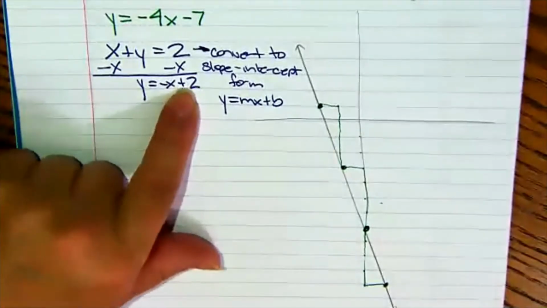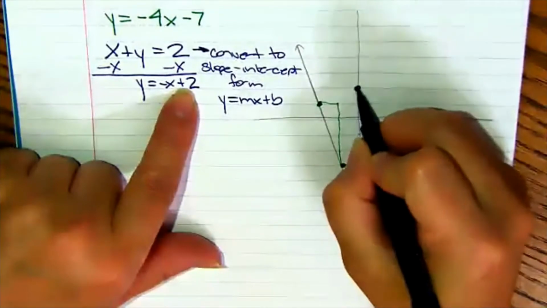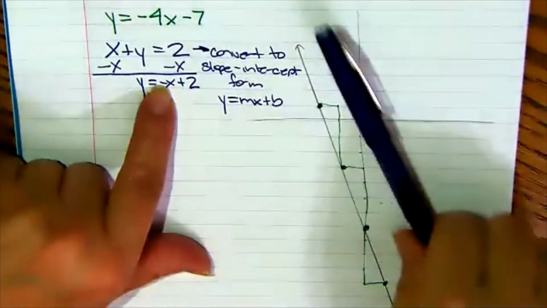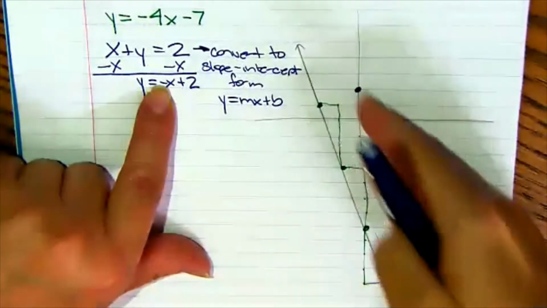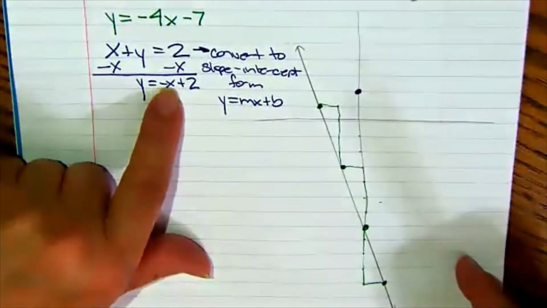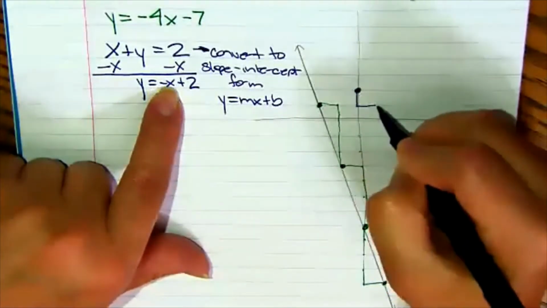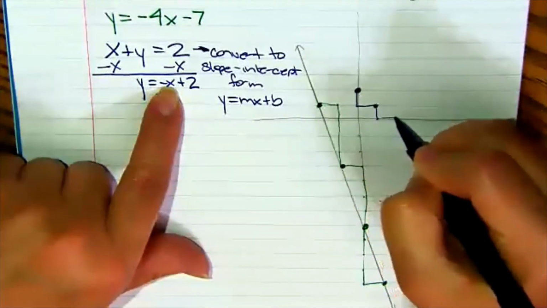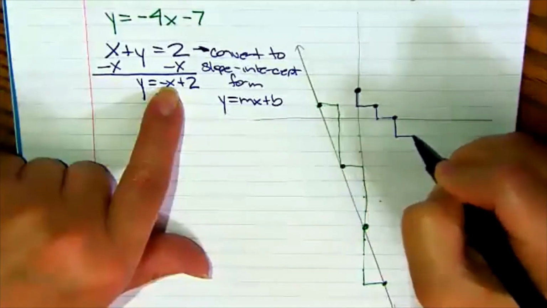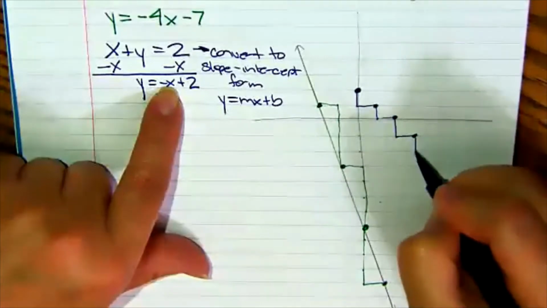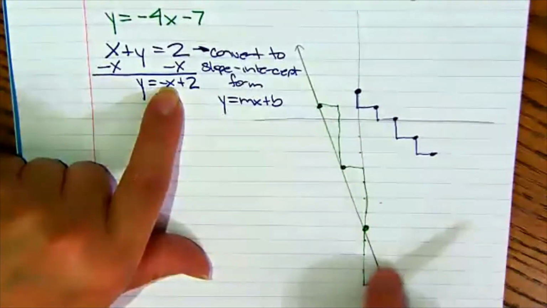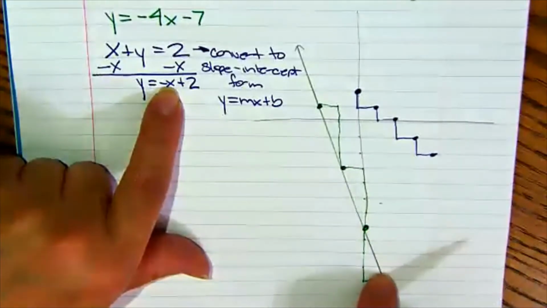So my y-intercept is positive 2. My slope is negative, so that means it's still going down, and it's negative 1 to 1. 1 over 1, okay. Down 1 over 1, down 1 over 1, down 1. Oh, the more I go in this direction, the further away I get from here.